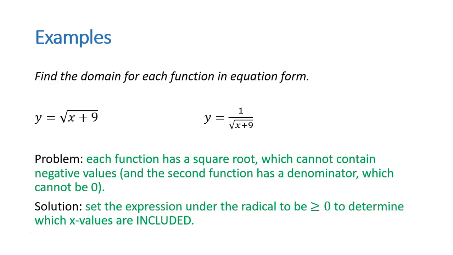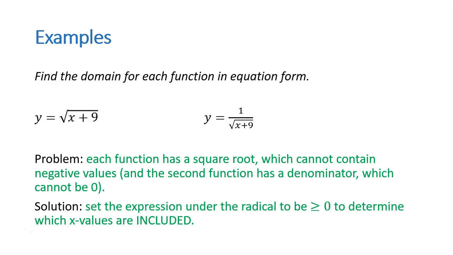So we're going to have to deal with two components there. So we're going to deal with this one slightly differently than the one we did before. We can't really figure out individual excluded values because there's an infinite number of excluded values. Half of the number line is going to give us things that are a problem under the square root, and then half of it is going to give us things that are okay under the square root.